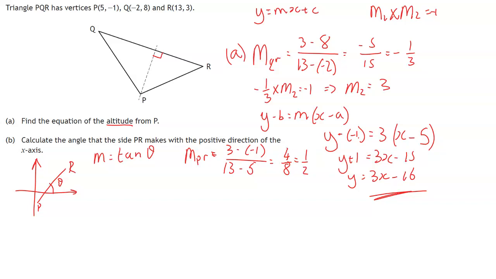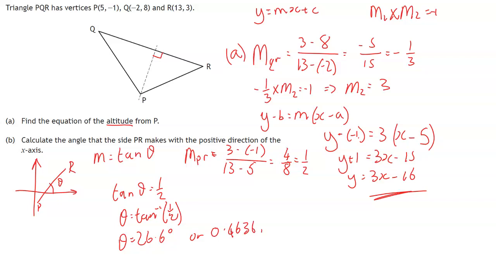What I can then do is make sure that I know, because of that now, tan theta is equal to a half, is what I'm going to be working with. So from that, I know theta is equal to tan minus 1 of a half, which I can then just enter straight into the calculator. And what I get is that theta is equal to 26.6 degrees, or 0.4636 radians.